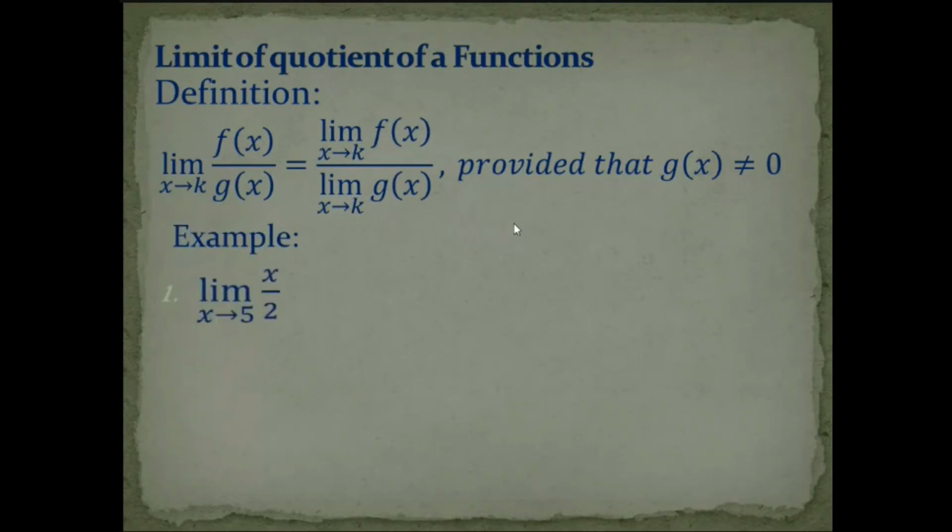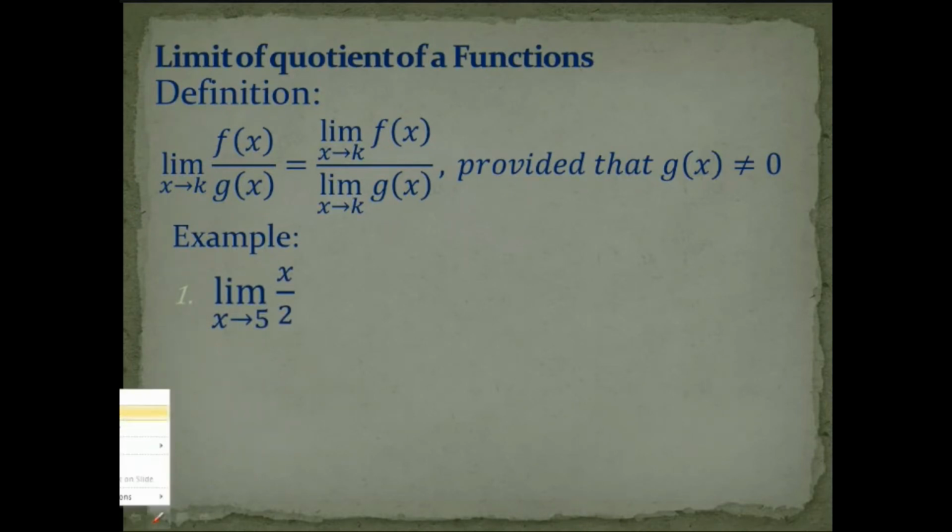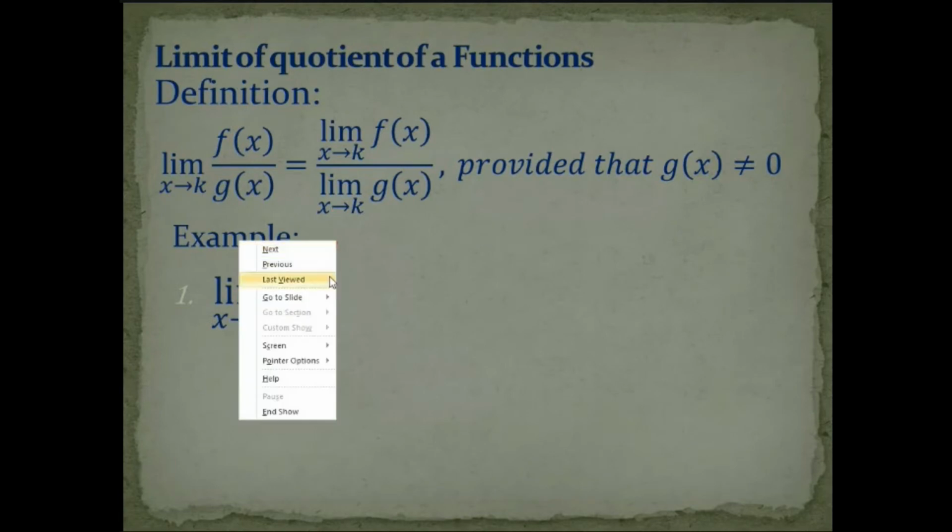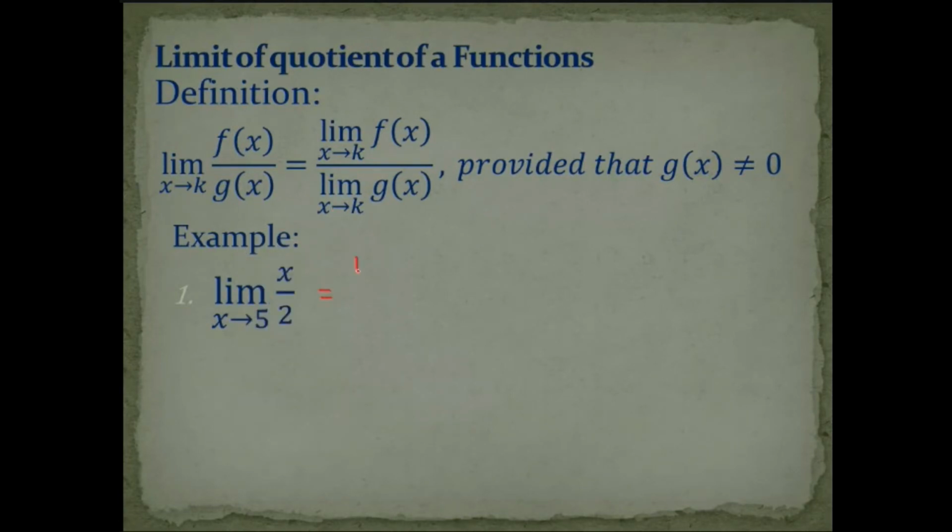Sample tayo. Limit of x over 2 as x approaches 5. So, base sa definition, hihatiin natin o hiwalay natin yung numerator by denominator. So ito yung magiging limit of x as x approaches 5 all over limit of 2 as x approaches 5. Okay? So yung numerator, theorem number 2. Oops, parang may mali ako. Dapat ito ay 2.